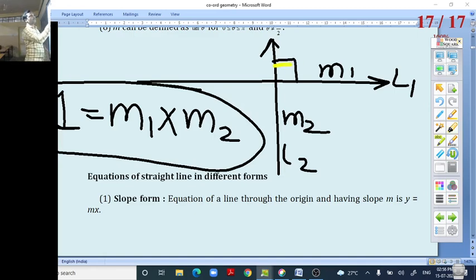You can note down here that this filled color is nothing but the angle between these two lines.